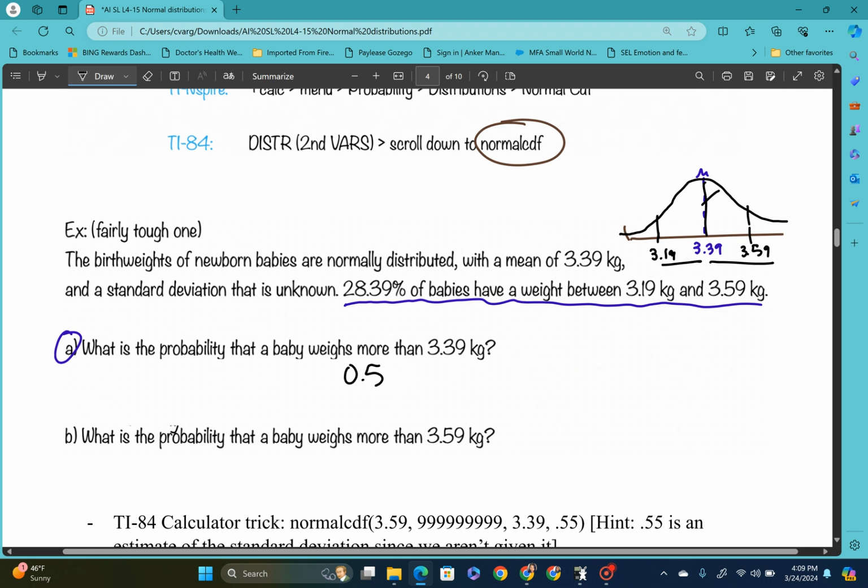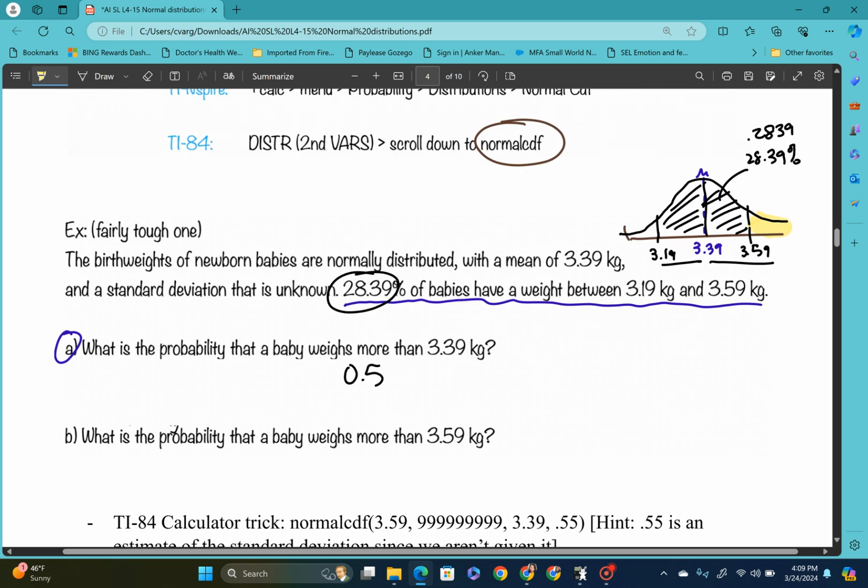They're telling us that 28.39% have a weight between 3.19 and 3.59. So this whole distance right here, this is going to be 28.39%, which is 0.2839. Let's see if we can figure this out. We want to know the probability that a baby weighs more than 3.59. We want this part right here.